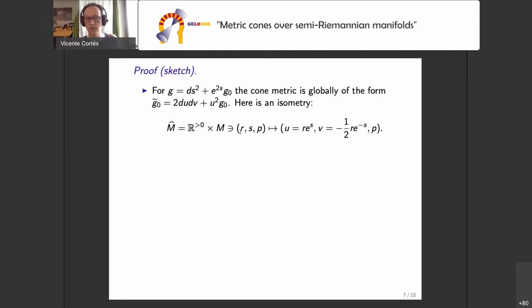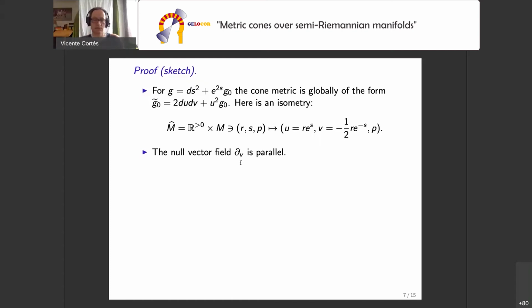Then you can transform the variables r and s into new variables u and v, which are defined in this way. So u is r times e to the power s, and v is -1/2 r times e to the power -s. Then you can compute the cone metric in these new coordinates u and v, and you find that it's exactly of this form g0 tilde. And also you can check that it has a parallel null line. In fact, the parallel null line is spanned by the vector field d over dv.